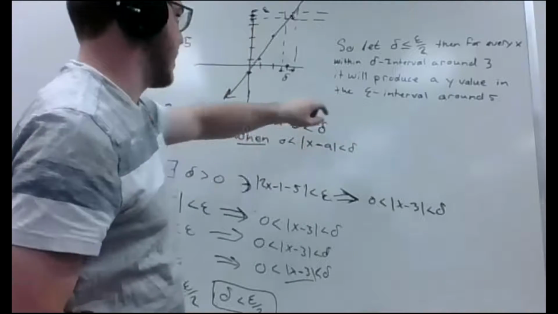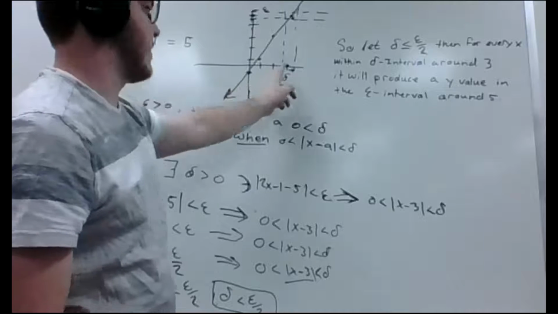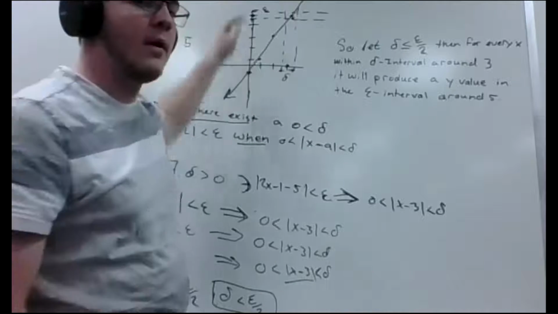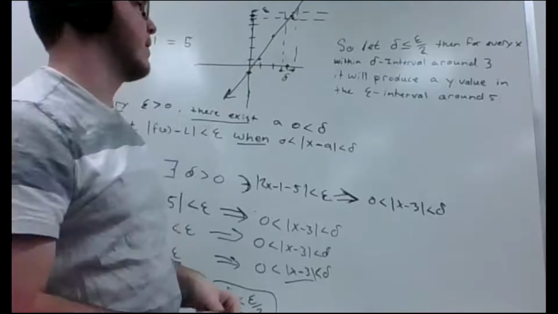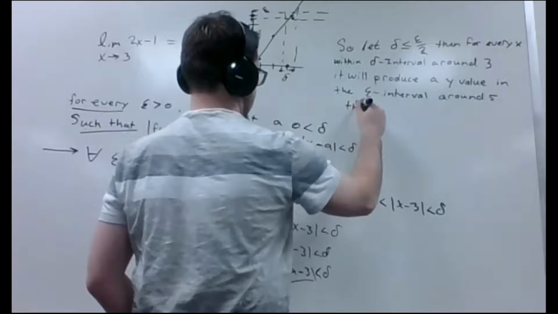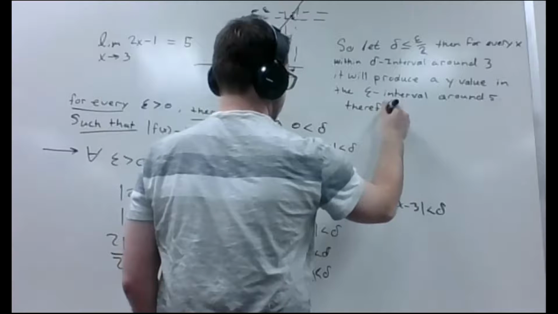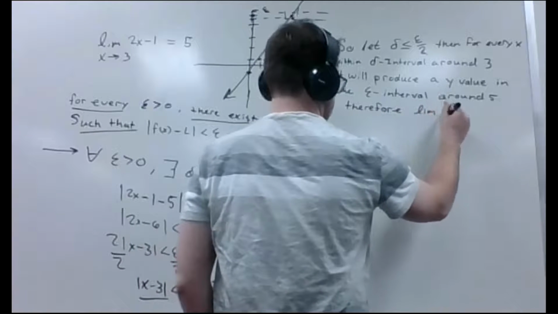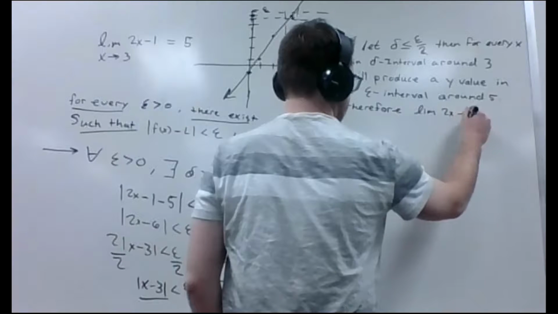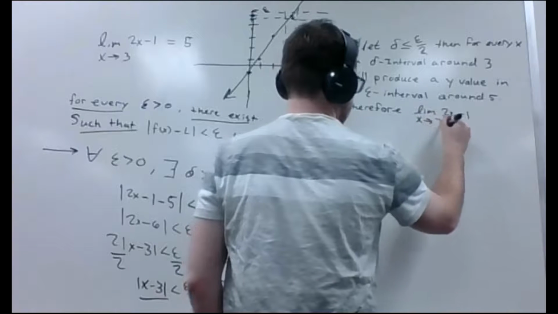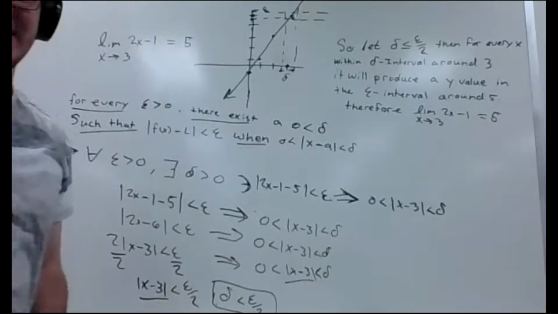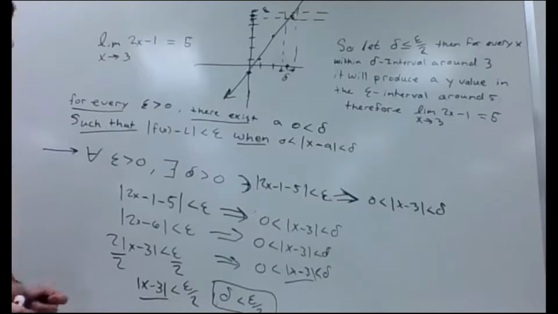So it's basically saying that for every x value, if we take an x value within this interval, we're going to get a y value within this interval. And then it says, therefore, the limit as x approaches 3 is equal to 5. I don't know how well I explain that. Does it make sense, kind of everything that we've talked about?